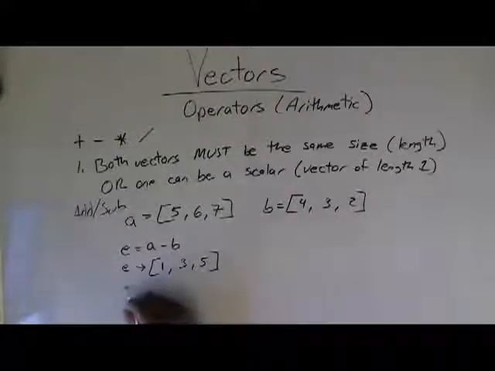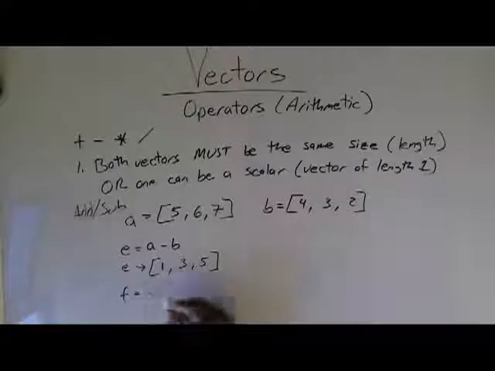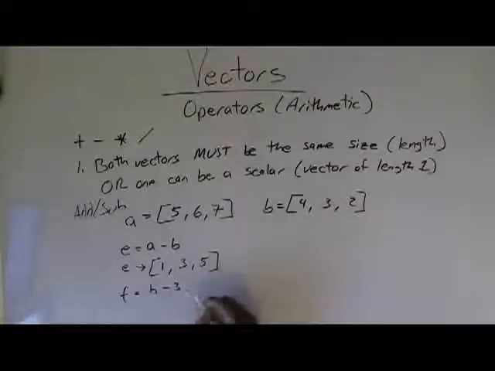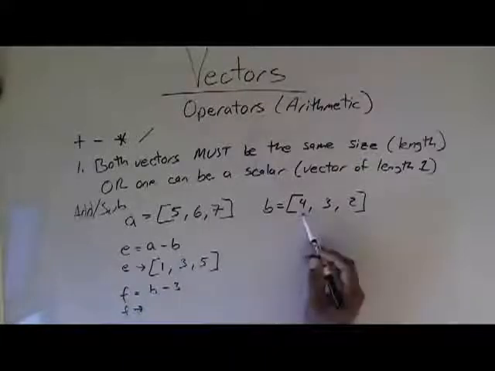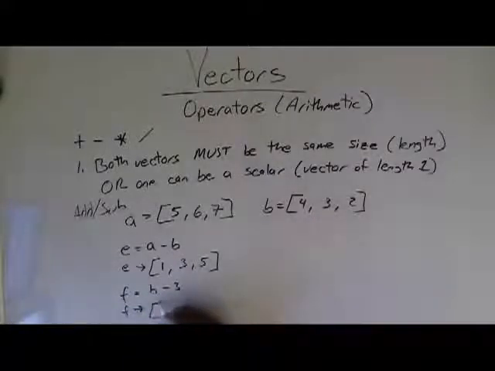And as far as the scalar one works, if I did F equals B minus 3, then the result would be, F would be 4 minus 3, which is 1, 3 minus 3, which is 0, and 2 minus 3, which is negative 1.